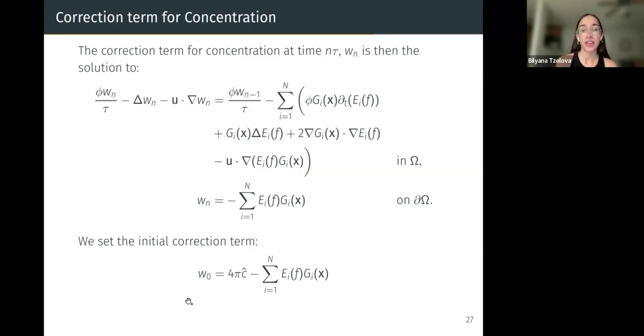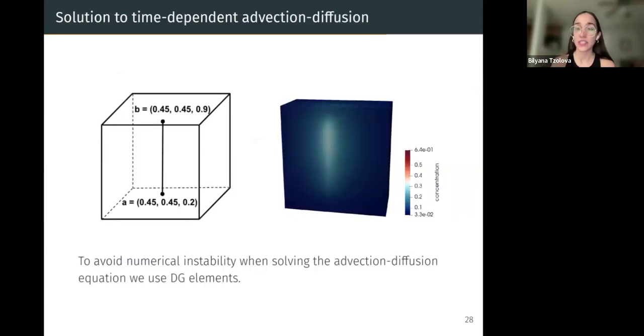And we're going to have to set an initial correction term for our equation, and this is just going to be the same thing relative to C hat, our initial concentration. So we solve this again inside of our unit cube and get a nice solution, which is between 0 and 0.64 for our concentration.